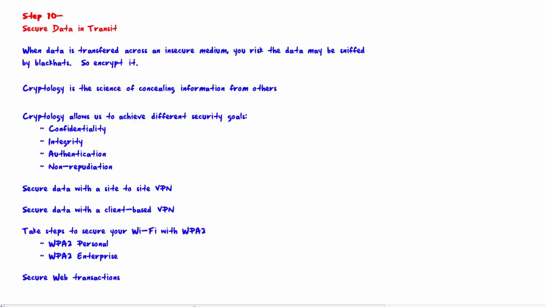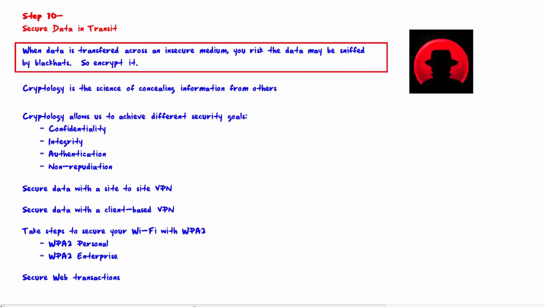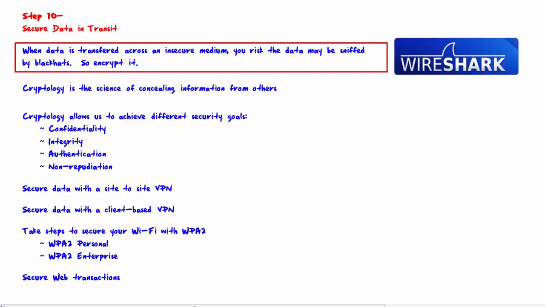Welcome to Step 10, Secure Data in Transit. When data is transferred across an insecure medium, you risk the data may be sniffed by black hats, so encrypt it. When we say sniffed, we mean that it's captured, so they could use a program like Wireshark or many other utilities to capture that data so they can look at it.